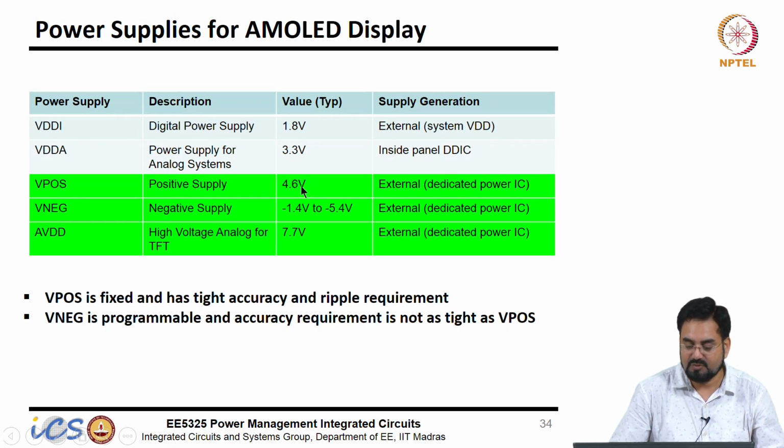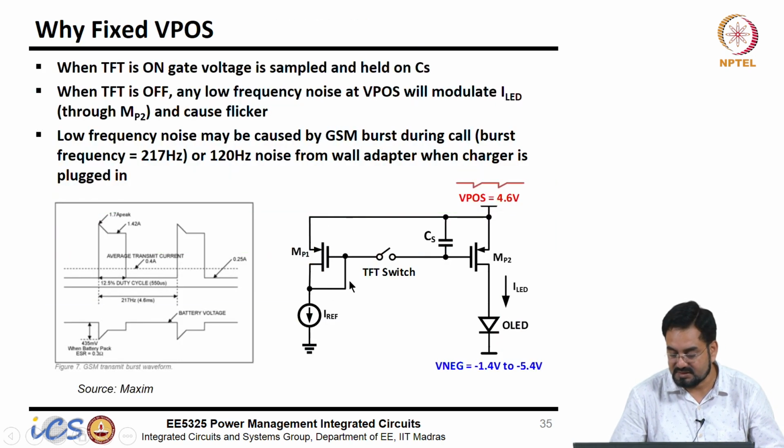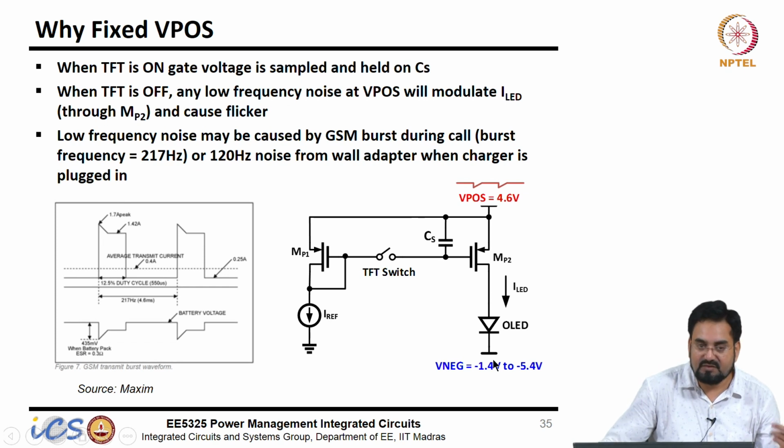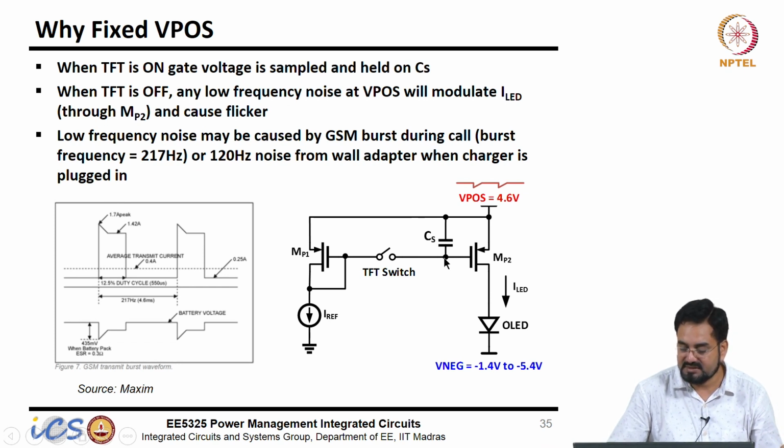This 4.6 volt is fixed, and this is varying. So let's look into this. We know this is LED, and LED requires constant current. So let's say this is your current source, and you are mirroring this current to your LED. Now you turn on this switch, and this voltage will be sampled by this capacitor and held here.